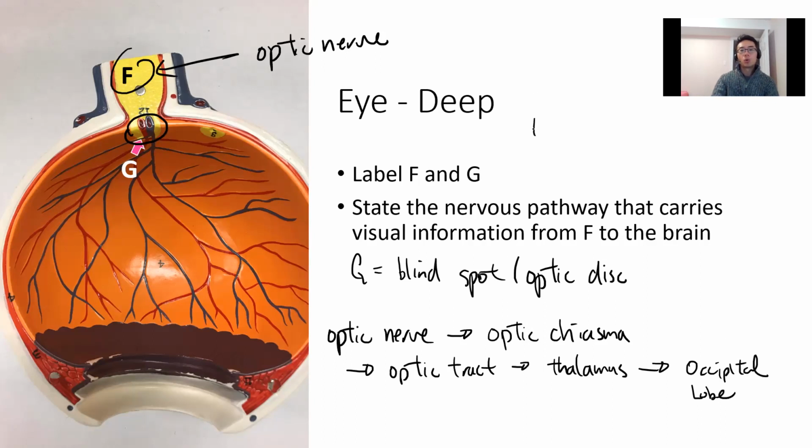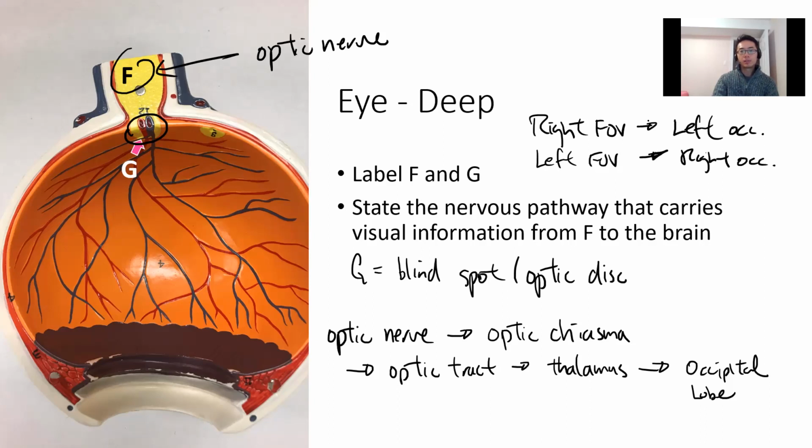Remember, the right field of view ends up in the left occipital lobe, and then the left field of view ends up in the right occipital lobe. All right?